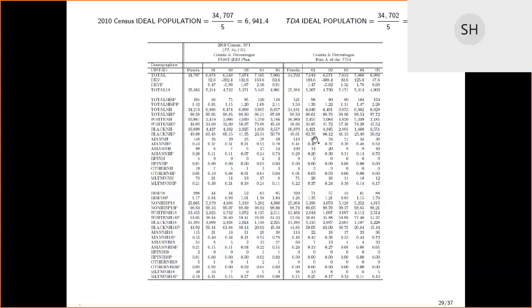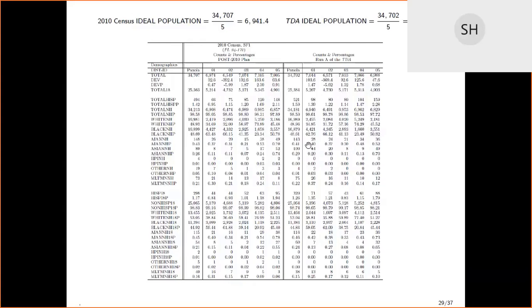The Black population is over 50% in the first district, over 50% in the second district, over 50% in the third district for white non-Hispanic, over 50% in the fourth, but also at similar percentages, and over 50% in the fifth district for Black non-Hispanic.